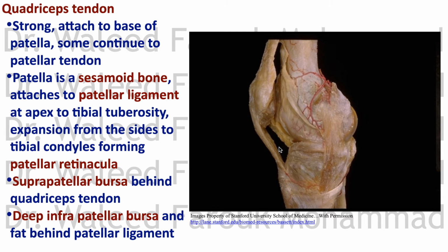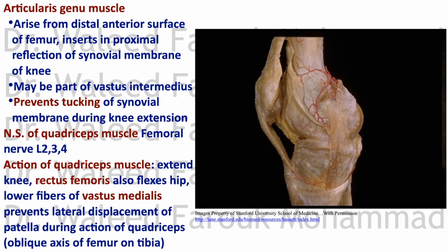The deep infrapatellar bursa, which is this area, is deep to the patellar ligament. Okay, this is the deep infrapatellar bursa. The superficial infrapatellar bursa is under the skin, anterior or superficial to the patellar ligament. The prepatellar bursa is here. So remember the suprapatellar bursa and the deep infrapatellar bursa.